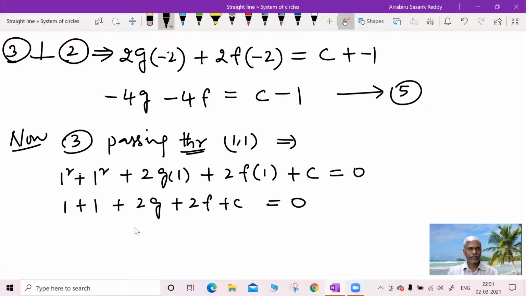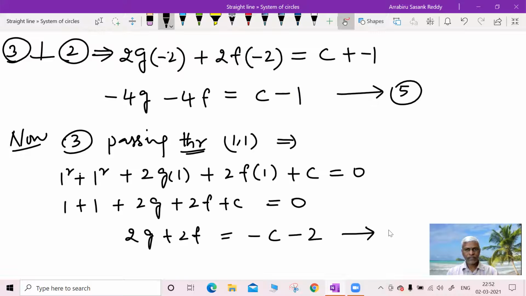So 1 plus 1 is 2, 2g plus 2f plus c is equal to minus 2. Let this be equation 6.